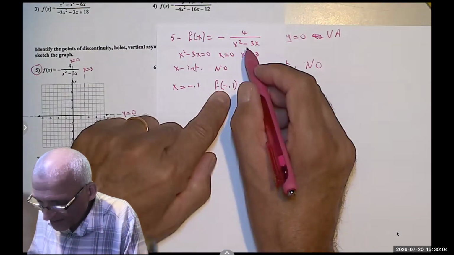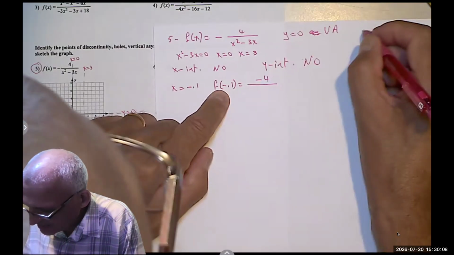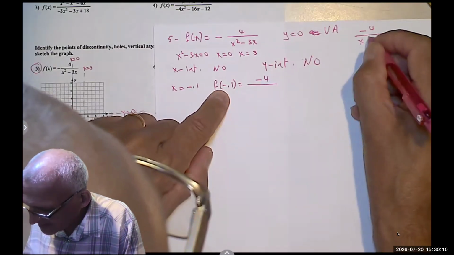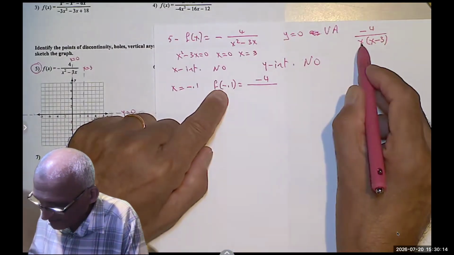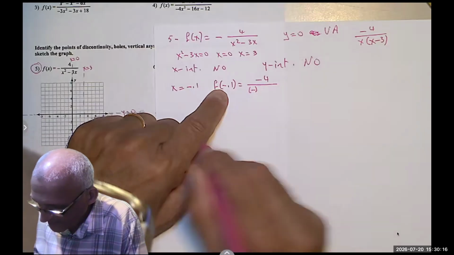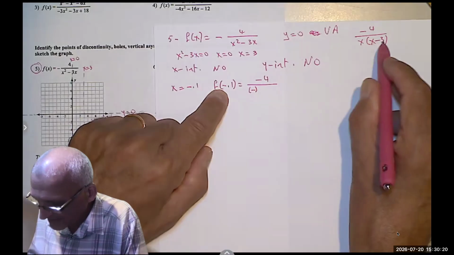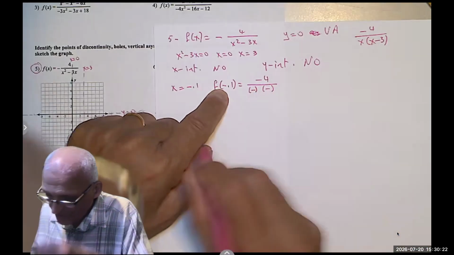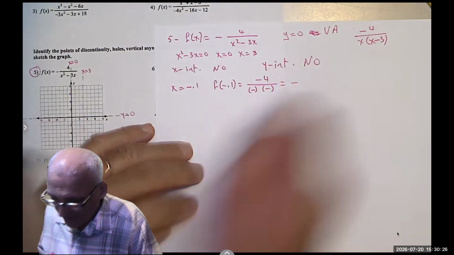Let me rewrite it as negative 4 over x times x minus 3. If this is negative 1, then x is negative, and negative 0.1 is also negative. So the numerator is negative, the denominator is positive, and you divide them, you get negative.